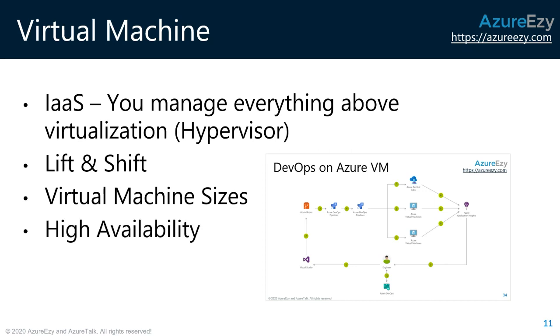High availability. That is one of the very critical things in any workload which is running on the infrastructure. If at all you want to maintain the high availability, and if it is hosted on your on-premises infrastructure such as Hyper-V or VMware, first of all, you have to invest a lot, right?